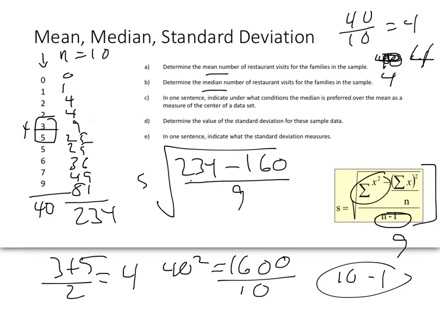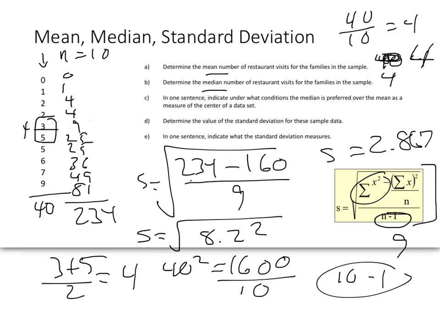Okay, so if we do that, then we get S is going to be the square root of 8.22, and then S is going to be 2.867. Okay, so that is the answer to part D.